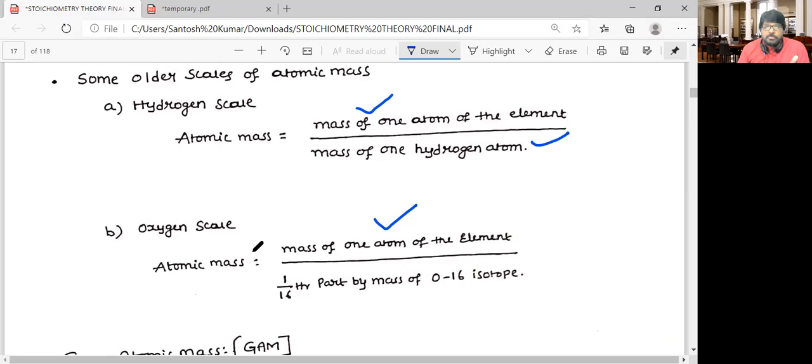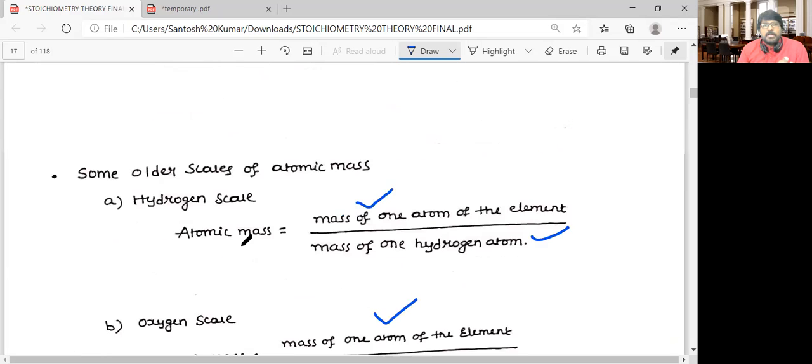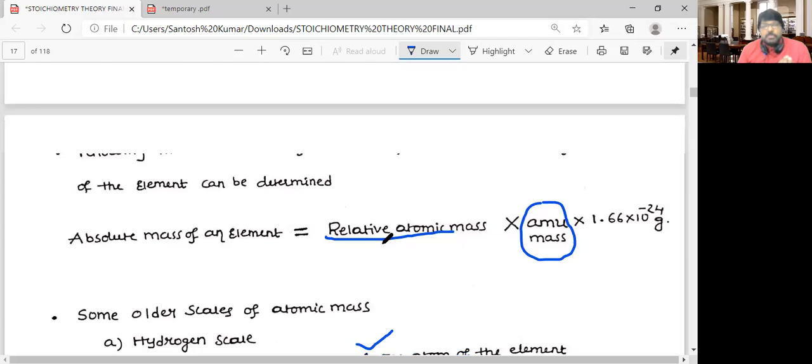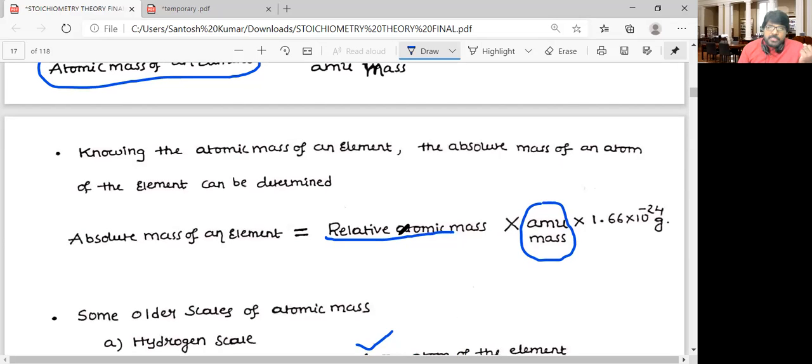So the 1 AMU definition, other names of AMU, how to convert AMU into grams, kilograms, that numerical relation, and the relative atomic weight, what is the definition? Once relative atomic weight is known, how to find the absolute atomic weight? Absolute atomic mass is equal to relative atomic weight. This is known from experiments; earlier we just measured the length.